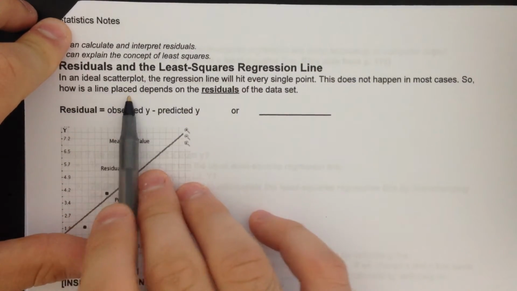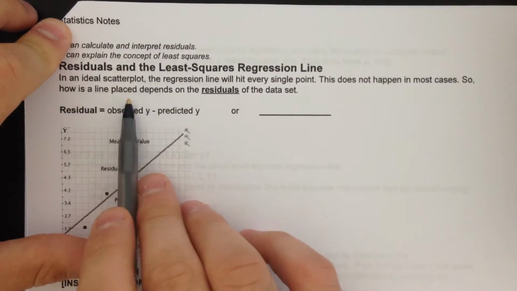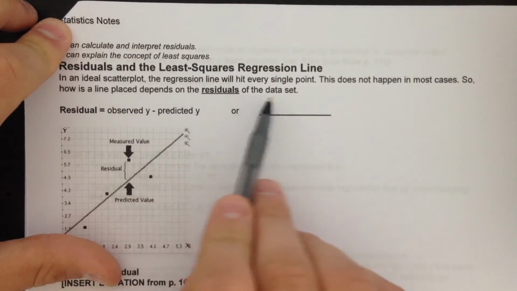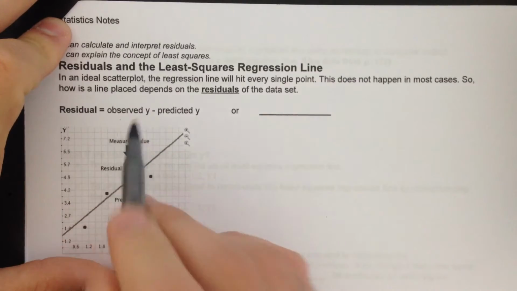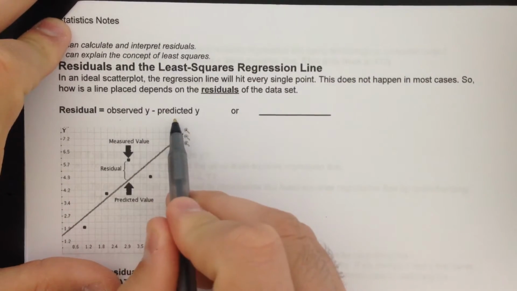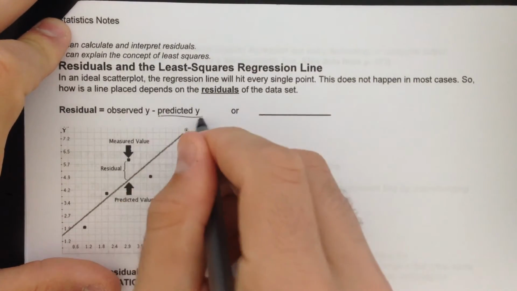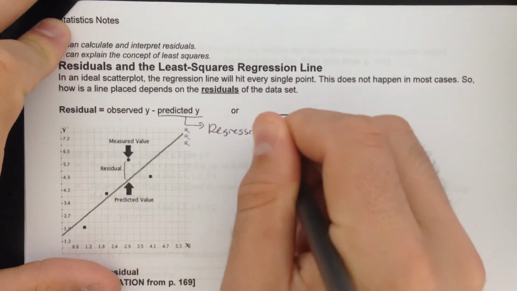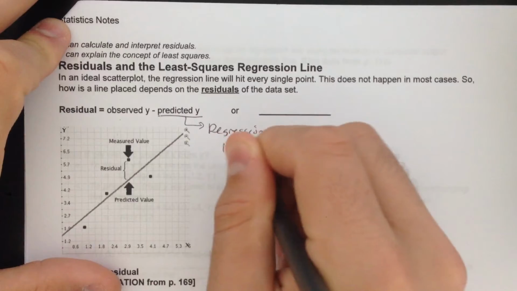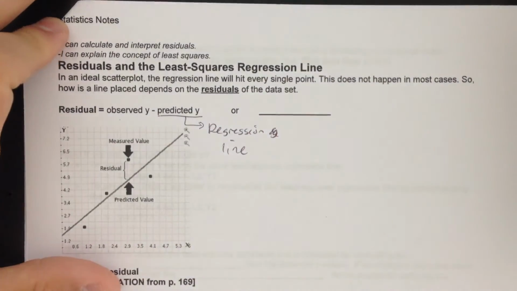So how is a line placed? How a line is placed depends on the residuals of the data set. And the residual is the observed y, so the actual data collected, minus the predicted y. This comes from the regression line. So if you were to plug in your x value, what would the y value be?